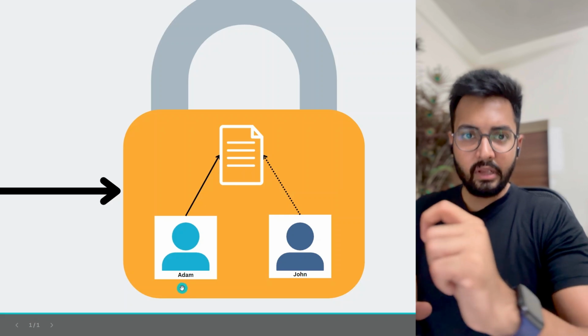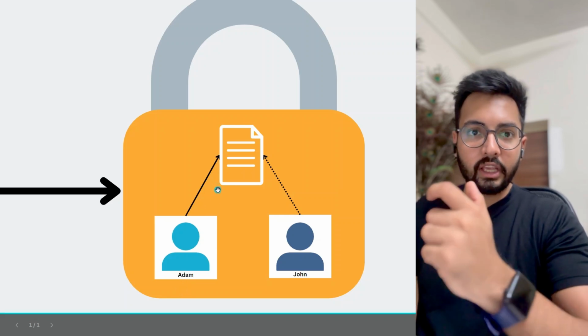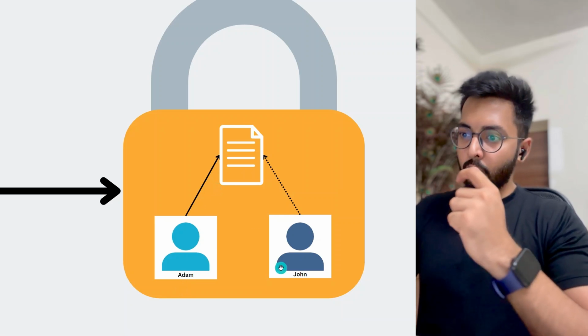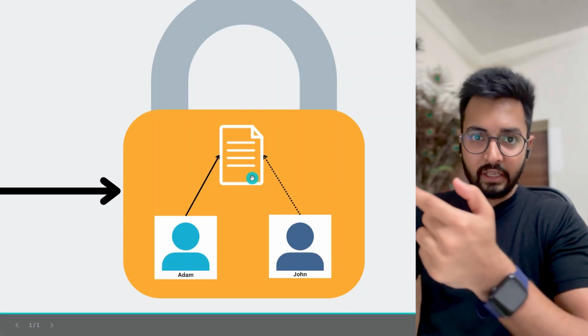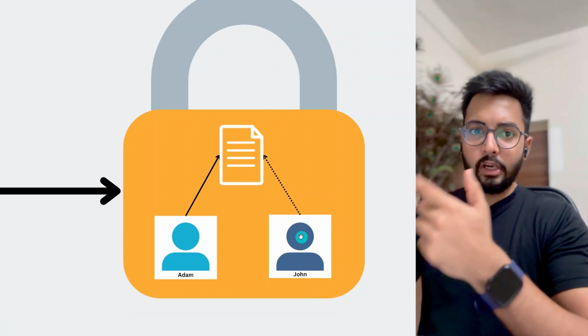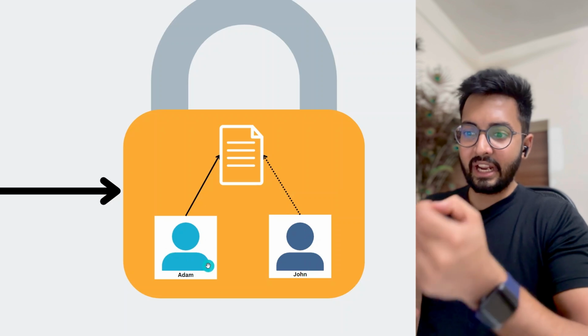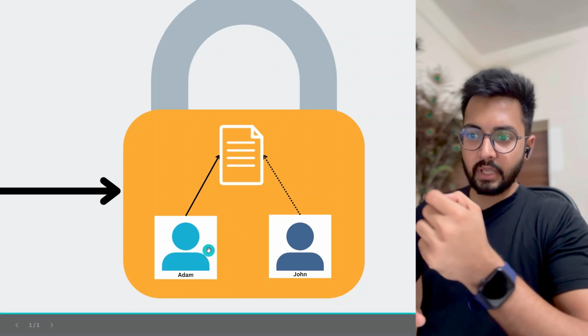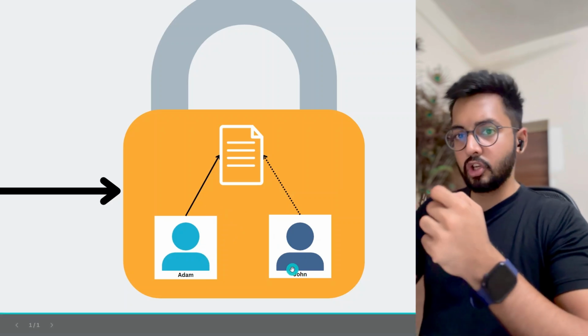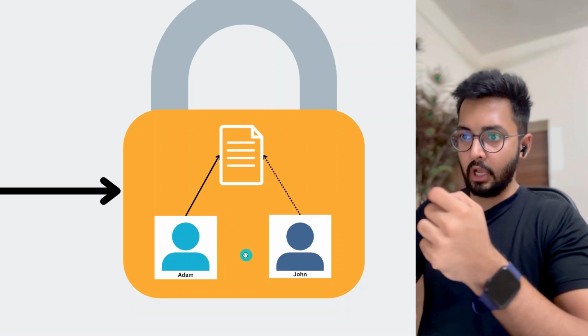When Adam is editing this document, a lock is applied due to which other users, that is John, can't edit the same document. So John is unable to edit the document until Adam stops editing. Once Adam stops editing the document, John can now edit the document.